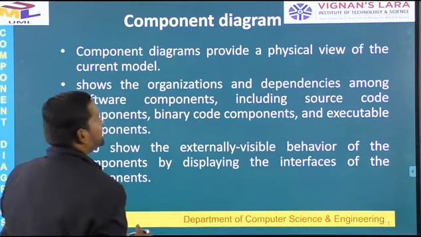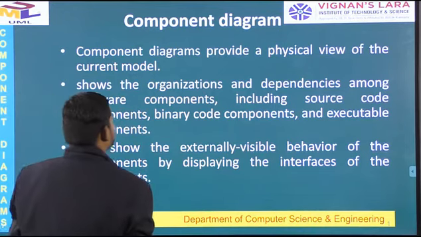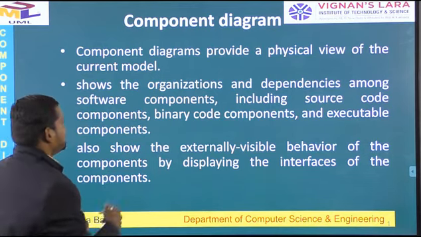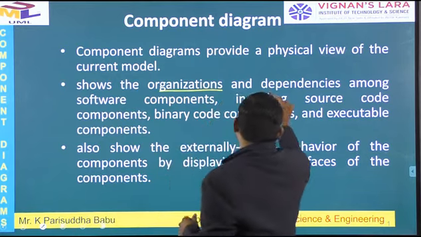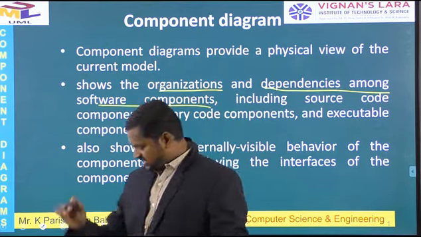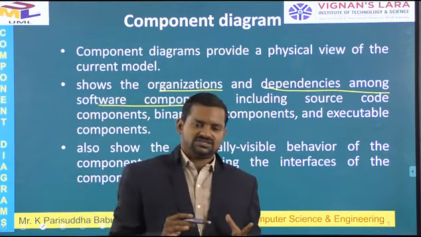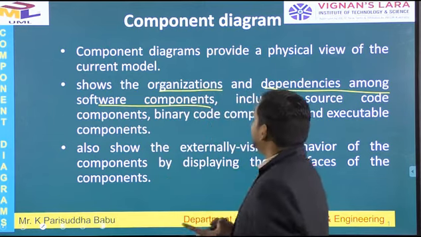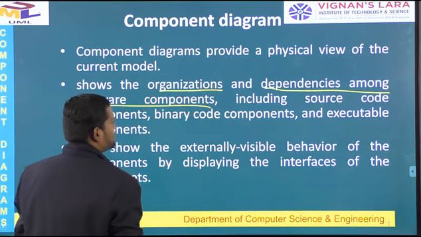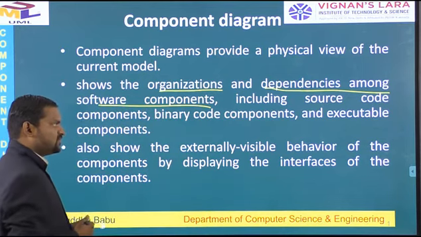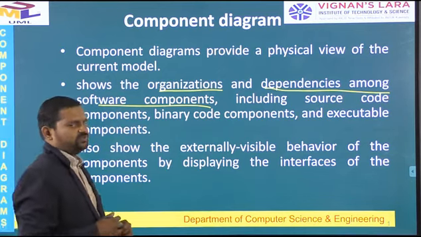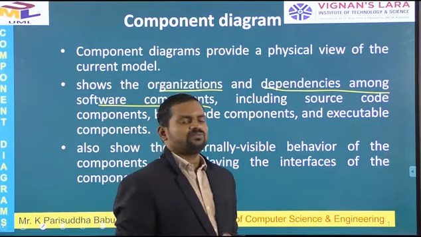The component diagram also provides the physical view of a particular system, and it shows the organizations and dependencies among software components, including source code components, binary code components, and also executable components.